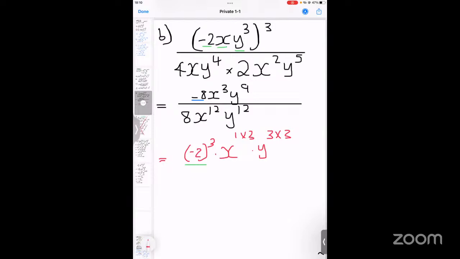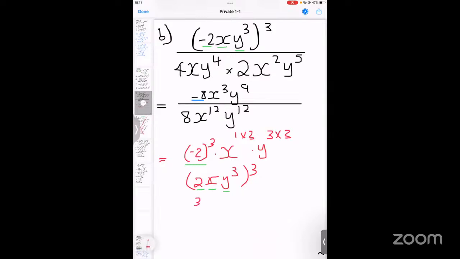Yes, but if it was 2xy to the 3, you see, that base is positive 2. Because it is positive, you don't need to put it inside the brackets.